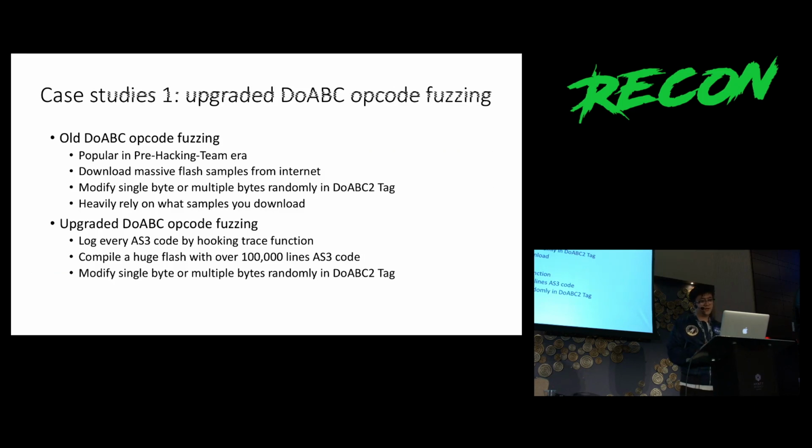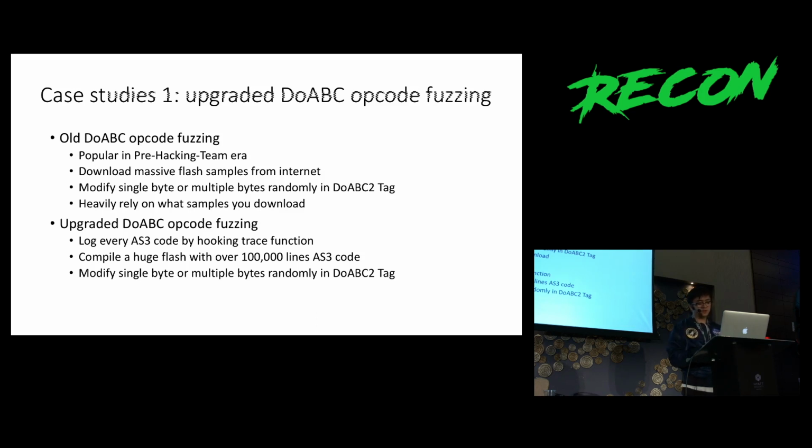The other case study is an interesting DoABC opcode type confusion bug found by our upgraded DoABC opcode fuzzing. The previous DoABC opcode fuzzing used existing samples from the internet, so it relied heavily on what samples were downloaded.